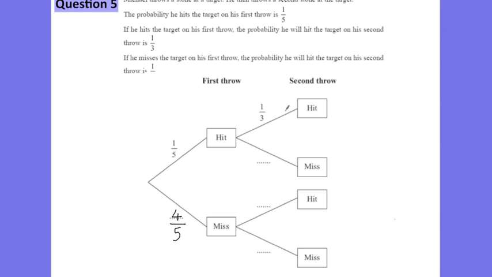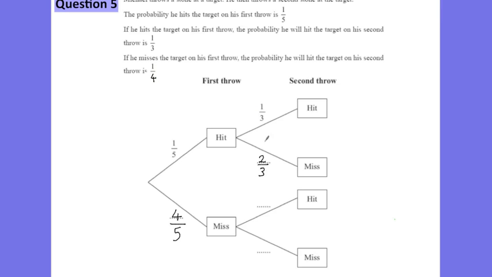We're then told if he hits the target on his first throw, the probability he will hit his target on the second throw is 1/3. Therefore, the branches here must add up to 1, 2/3. We then have, if he misses the target on his first throw, the probability he will hit his target on his second throw is 1/4.